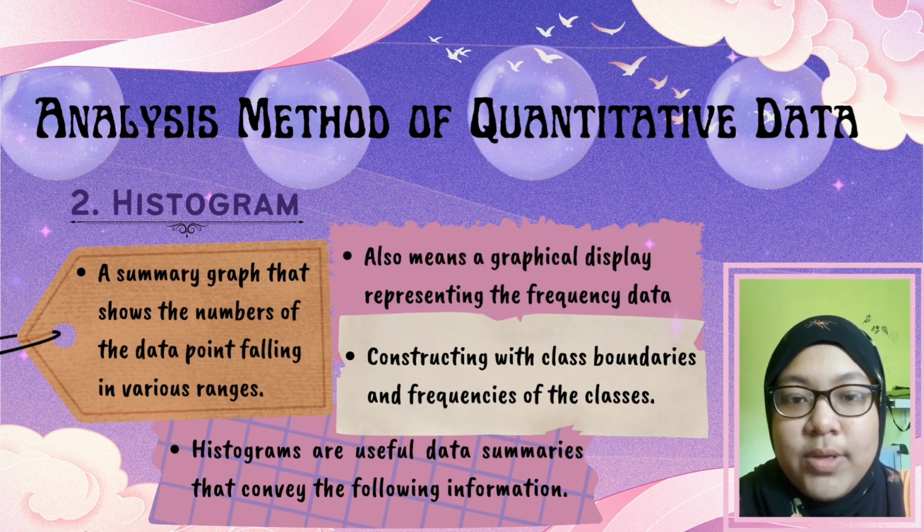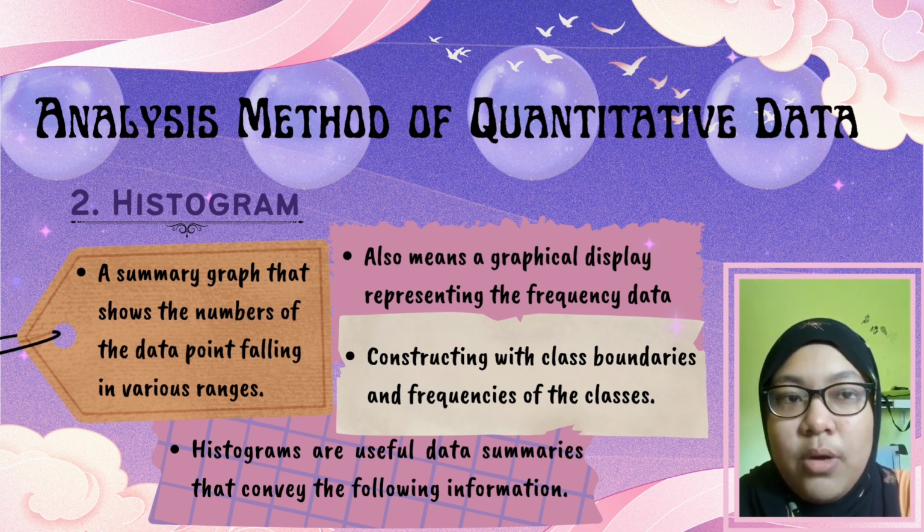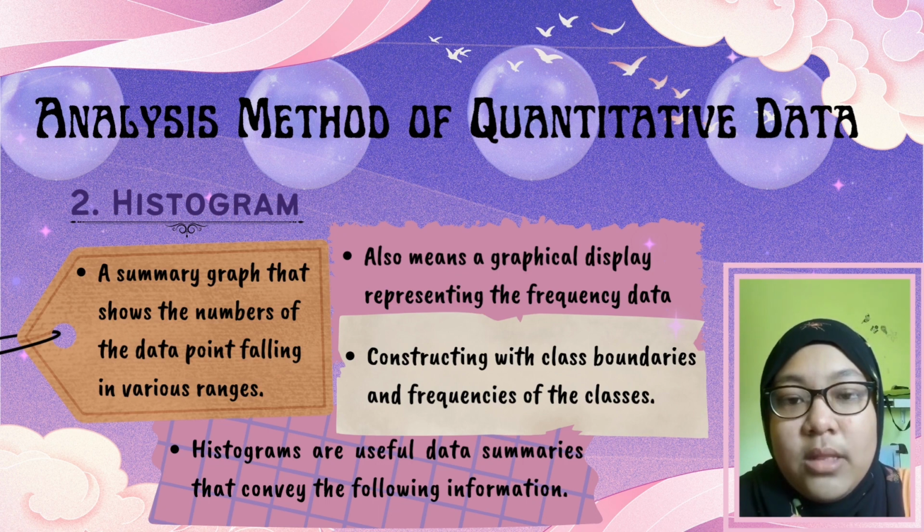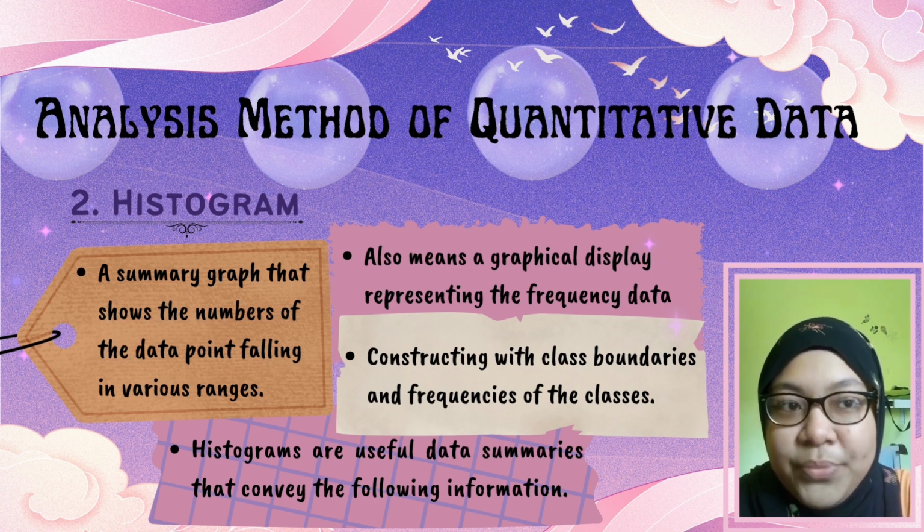Next, we have the histogram, a summarized graph that shows the number of data points falling in various ranges. It is also a graphical representation of the frequency data, constructed with class boundaries and frequencies of the classes, represented by the area of the bars.